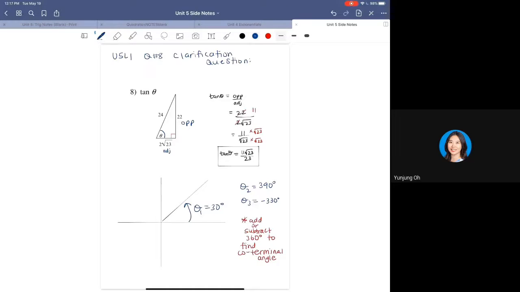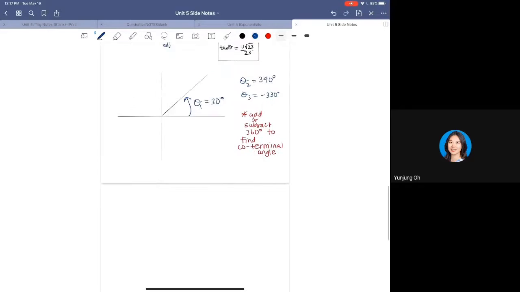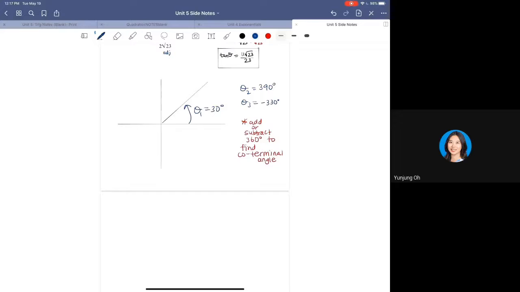How do you find the equivalent expressions for trig ratios? Okay, so with this 30-degree example, if you were asked to find sine of 30 degrees, I'm just going to copy and paste this to the other page.